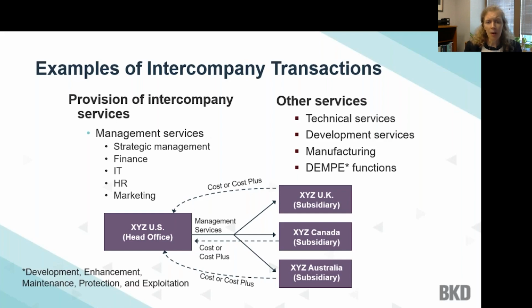Now, the US does have a safe harbor for low value management services. And there's a revenue procedure that lists 101 low value management type services that can be charged at cost. It also gives you an idea of what they mean when they say low value.